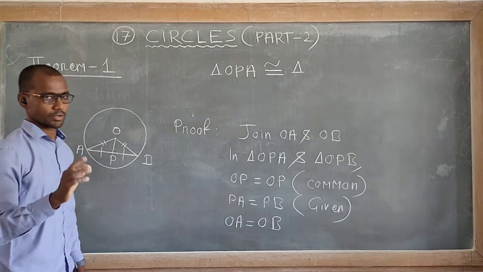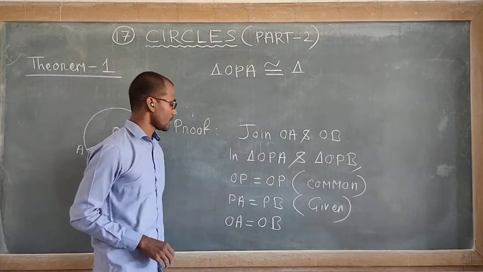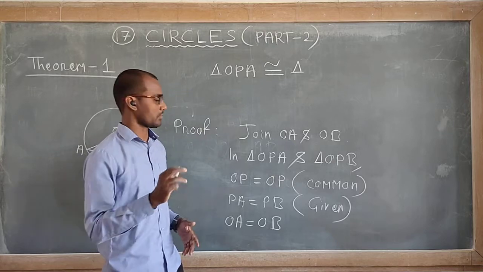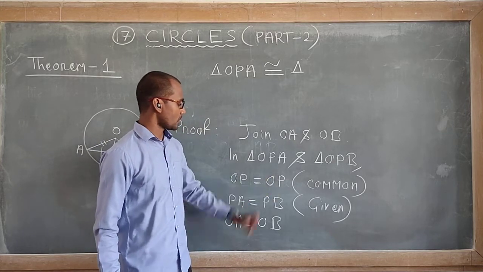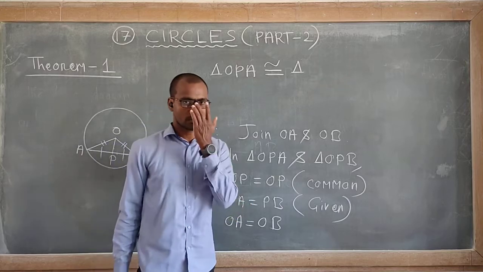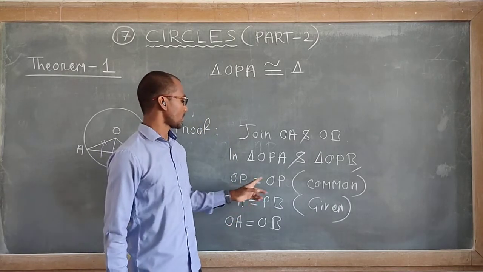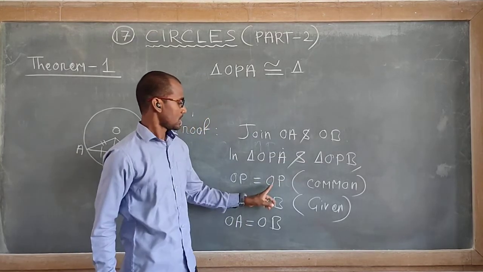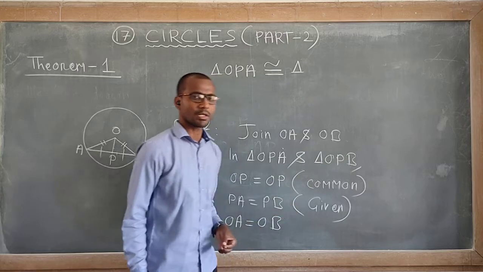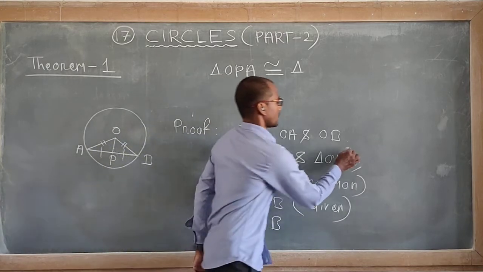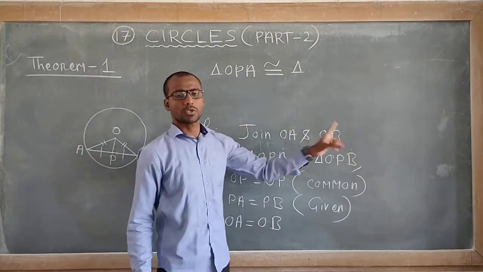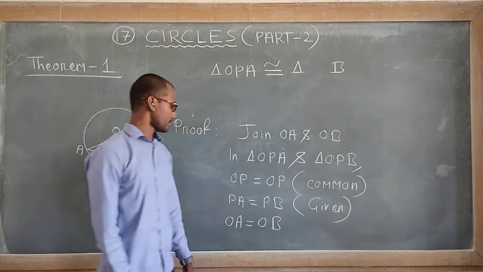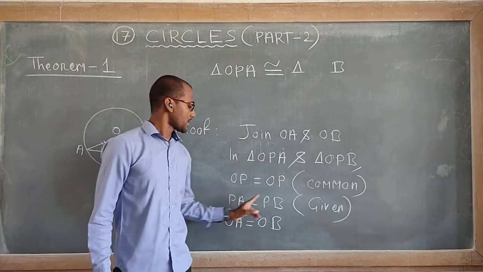Now let us find the order, because I have told you in congruency the order is very important. You don't need to look at the diagram. The trick I have given to you in congruency: OP is equal to OP. Here there is no angle, so you are bound to look at the sides. Which vertex is opposite to OP in triangle OPA? A. In triangle OPB, which vertex is opposite to OP? B. So A corresponds to B. Next, PA is equal to PB.